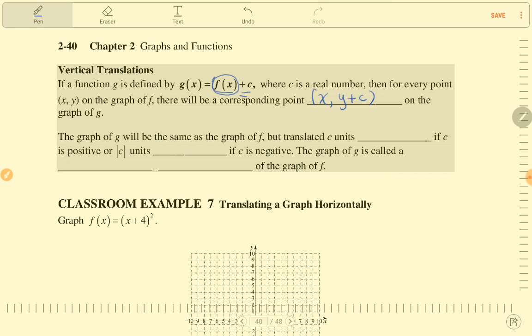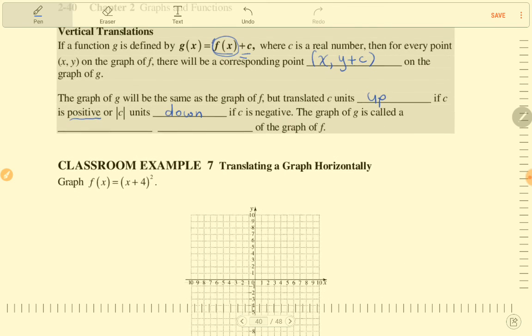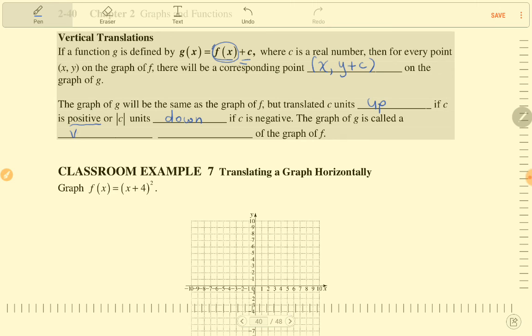The graph of g will be the same as the graph of f, but translated c units up when c is positive, or absolute value of c units down if c is negative. The graph of g is called a vertical translation of f.